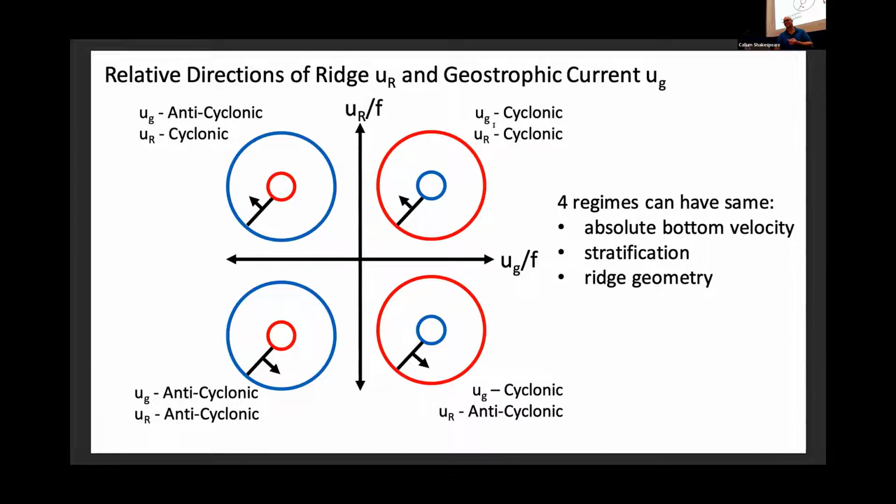But because we're changing the direction of the cyclonic and anticyclonic, what I would like to know, and this is a question for anyone here, is where is the Southern Ocean in this quadrant space? That's a real question. I'd like to know.